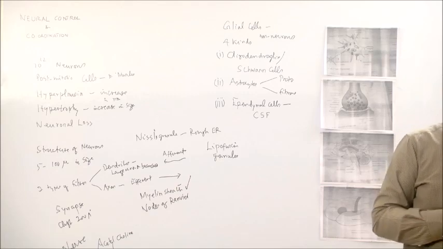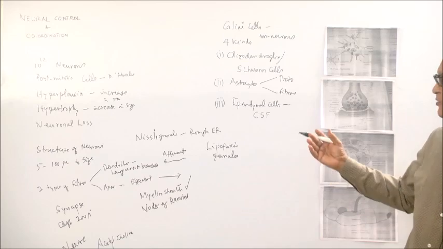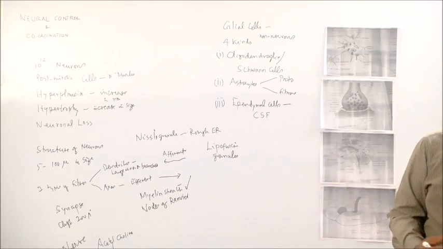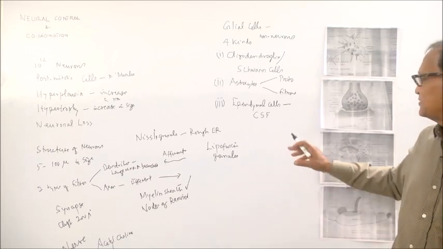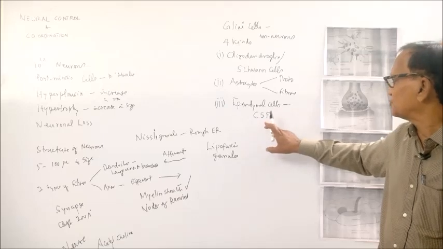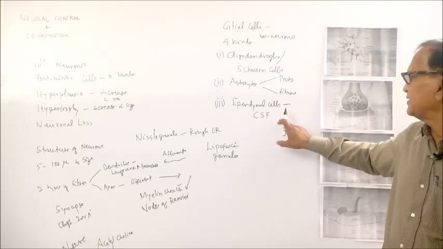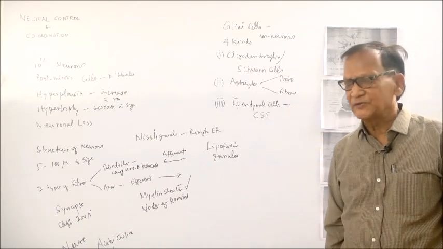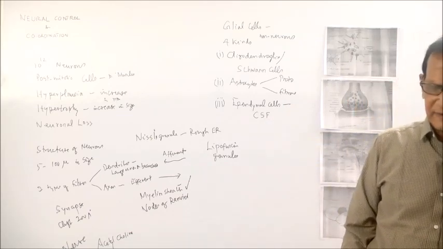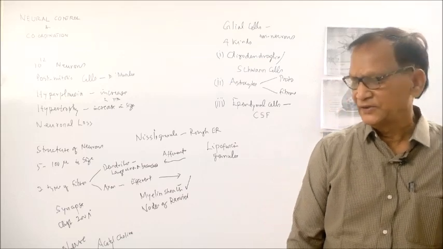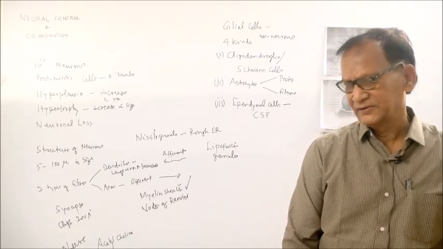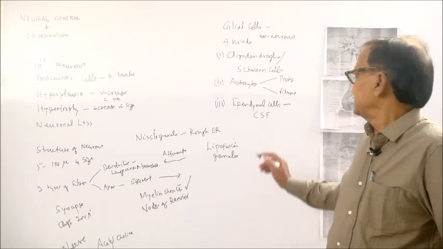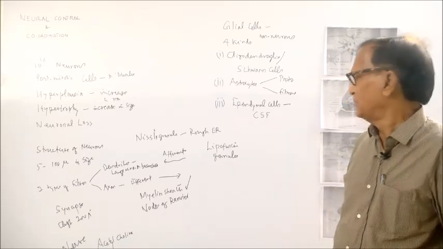They are different from the ventricles of the heart, but these are also called ventricles. So, the ventricles of the brain are filled with this cerebrospinal fluid secreted by ependymal cells. That means these cavities inside the brain are lined by these ependymal cells, and they secrete the cerebrospinal fluid.